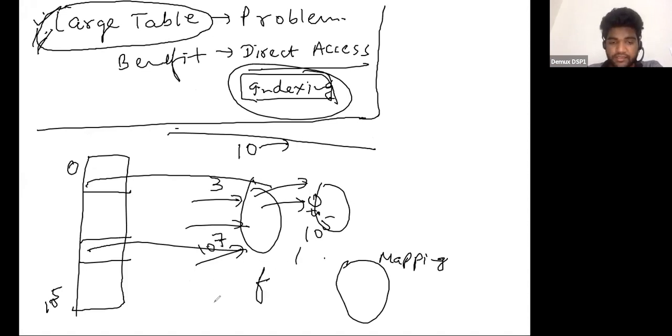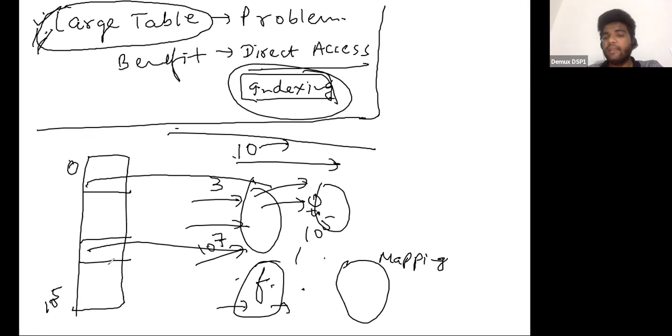The function's domain is the range of the numbers that you are getting in, and the range is 0 to 10 to the power 5. So keep a mapping of that type, and then you will be able to do that.